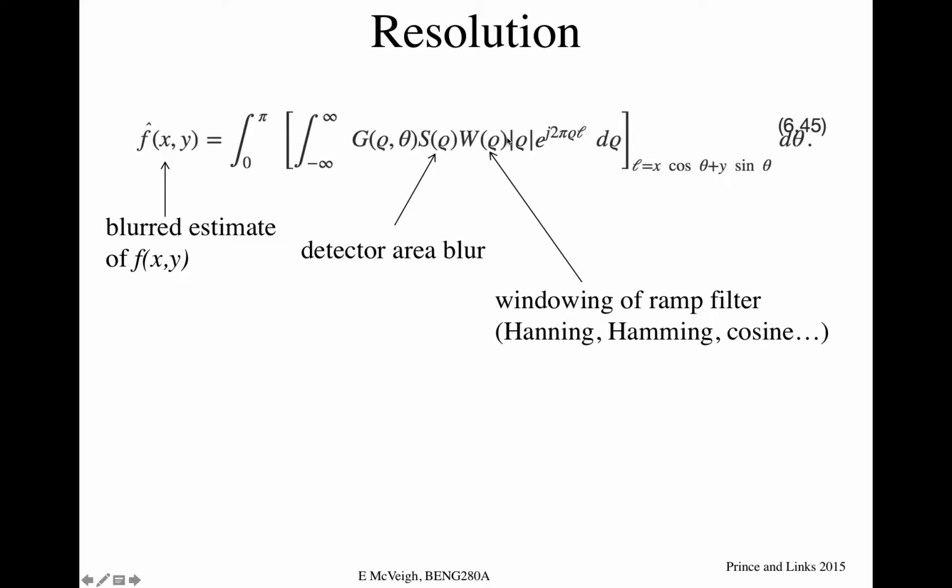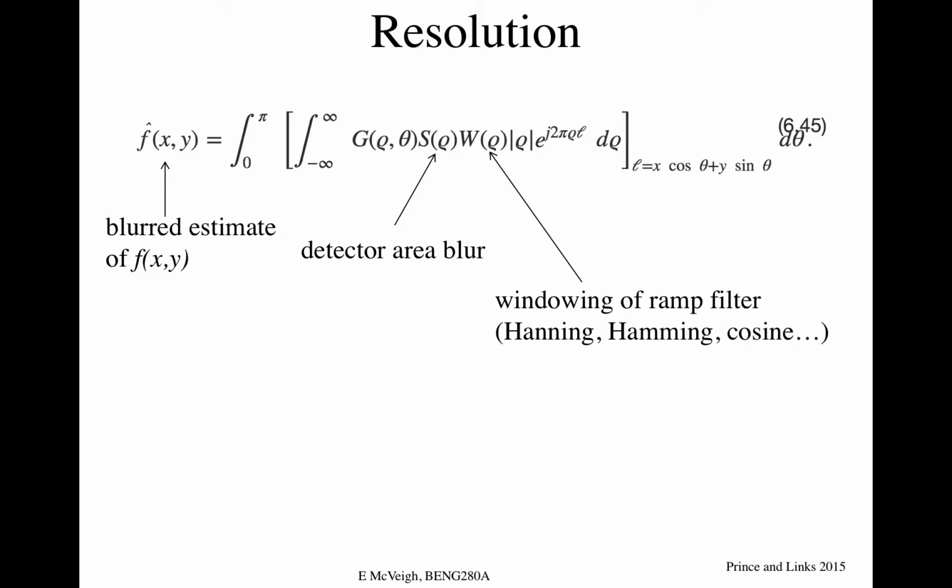But then there's this function we'll call W, which is how we're going to window that ramp function. With this continuous integral, we can't just integrate out to infinity, because the ramp just keeps going up and up. We don't have an infinite number of spatial frequencies in our system because we discretely sampled it with an array of detectors.